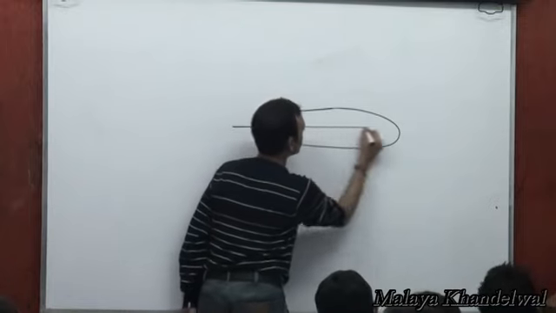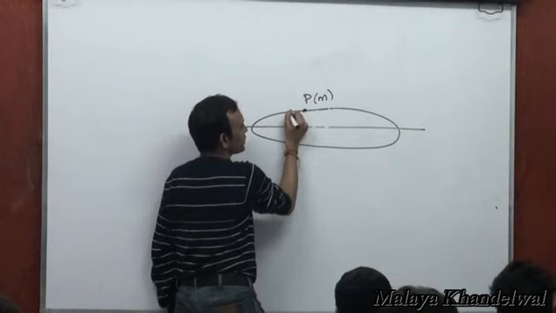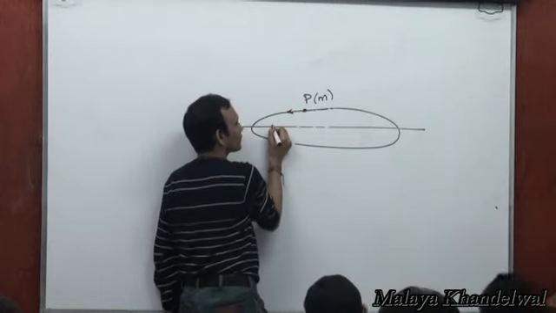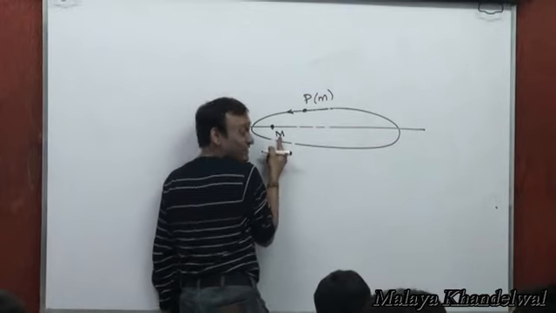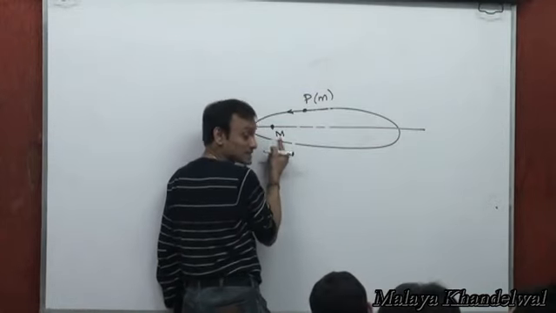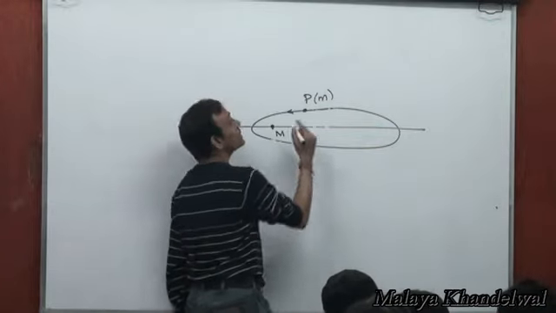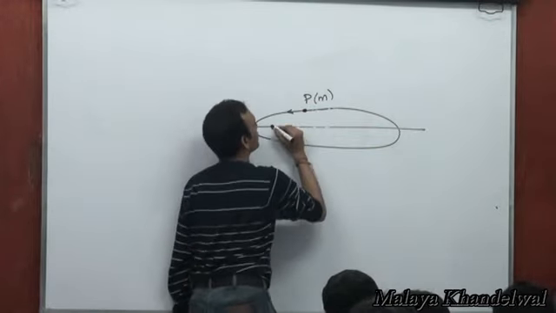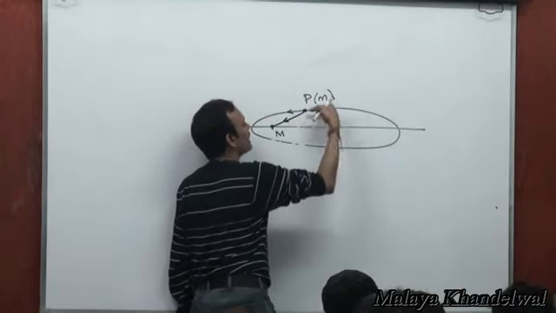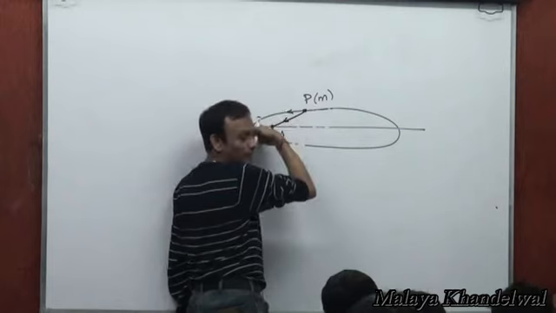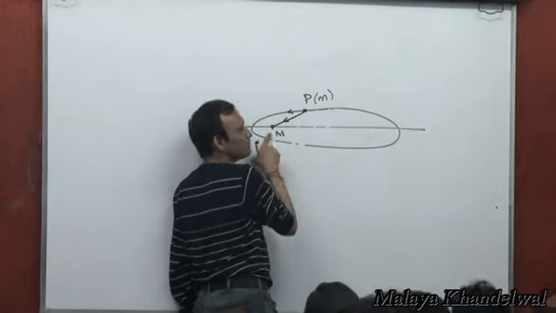Now, one thing for sure: while this small mass m executes an elliptic path about a fixed mass capital M, under the gravitating influence of this fixed mass, then at any point P it experiences a force whose line of action will always pass through capital M, which is one of the foci, right?